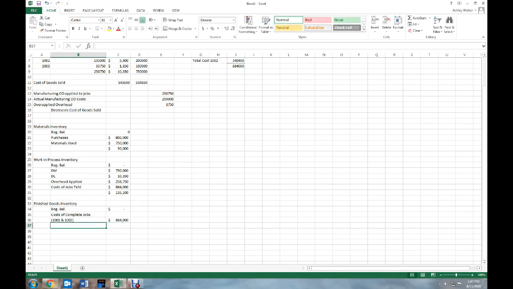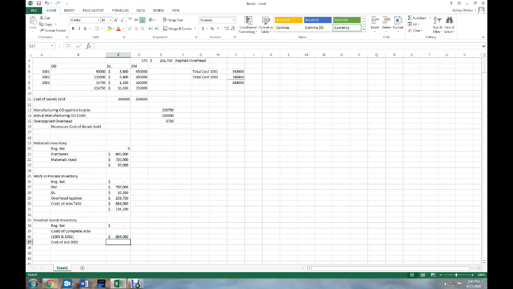Now, the only thing that came out of finished goods was job number 1001 that we sold. So it's no longer in finished goods because we sold it. Okay. So the cost of job number 1, remember, cost of goods sold, is $534,600.